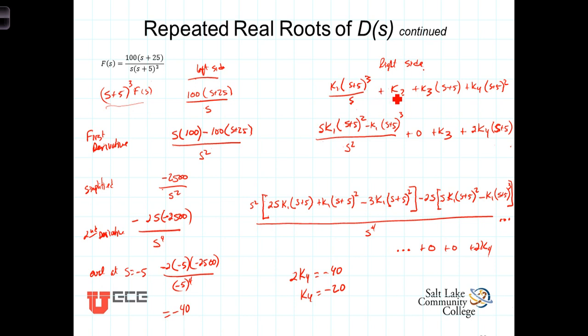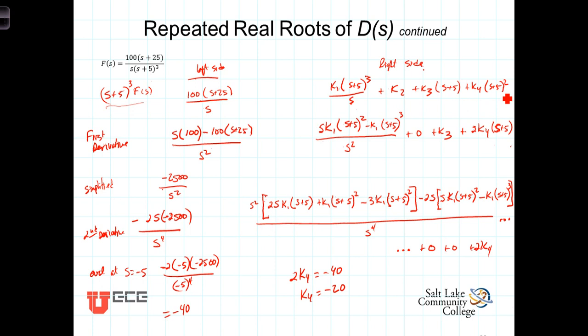It was plus k2 over s plus 5 quantity cubed, which when multiplied by s plus 5 quantity cubed, the s plus 5 quantity cubed terms canceled, leaving us just k2. Over here we had an s plus 5 quantity squared in the denominator, which when multiplied by s plus 5 quantity cubed leaves us an s plus 5 in the numerator, and similarly there.